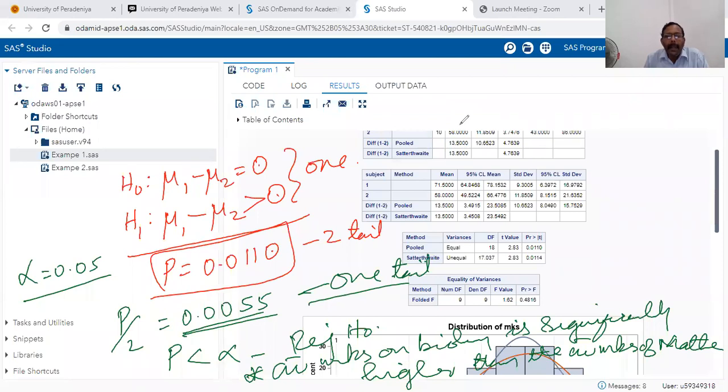Right? Is it clear? That is how we can report. So the reporting is based on how you formulate your null and the alternative. Null usually as it is, but it depends on the alternative hypothesis.